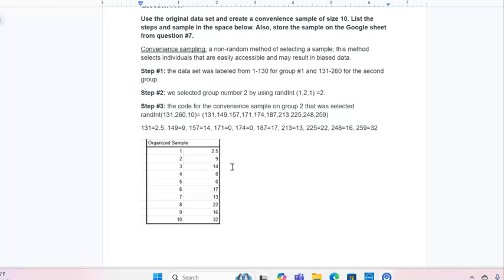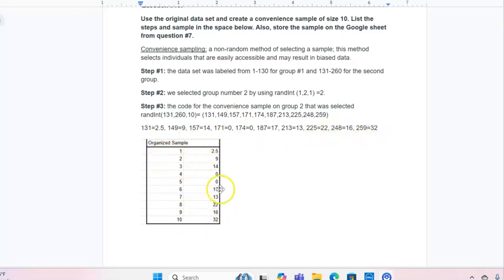The values that we collected are 131, 149, 157, 171, 174, 187, 213, 225, 248, and then 259, which gave us in our data set 2.5, 9, 14, 0, 0, 17, 13, 22, 16, and then 32.